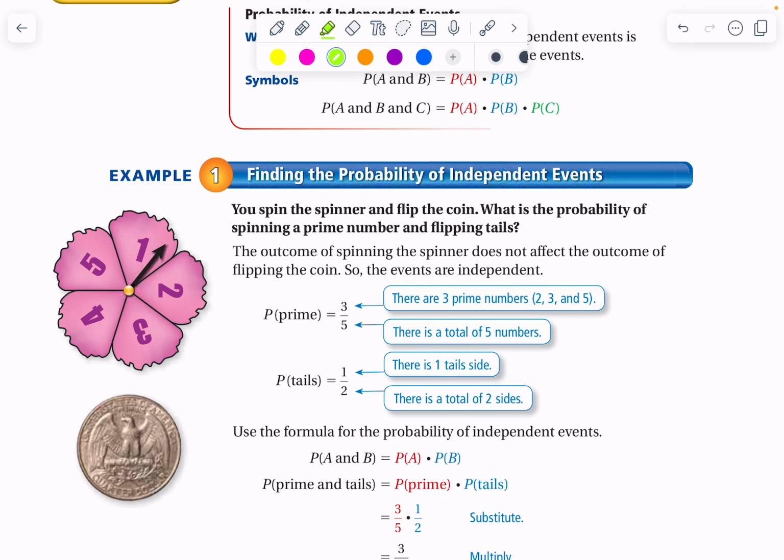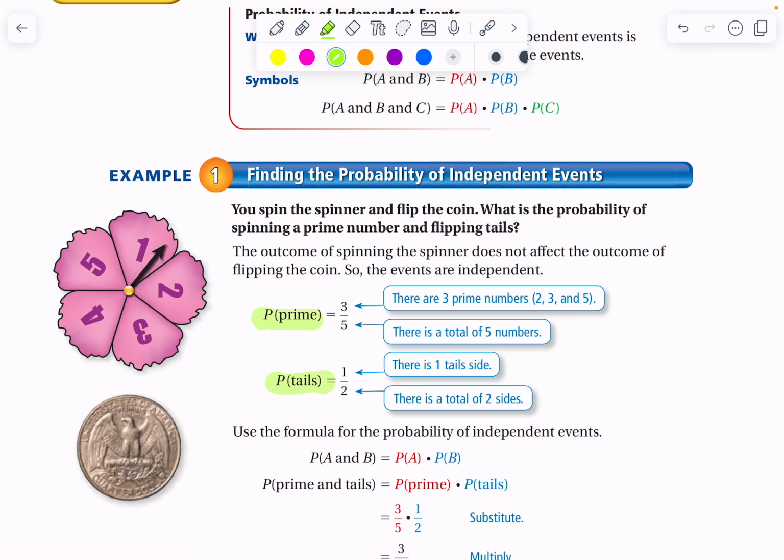So here's a quick little example. It says you spin the spinner and flip the coin. Again, whatever happens on the spinner is not affecting that coin flip. If I want to know the probability that I spin a prime number and flip tails, those two events happening together, I'm going to figure out first the probability of me getting a prime number, and then the probability of me getting tails.